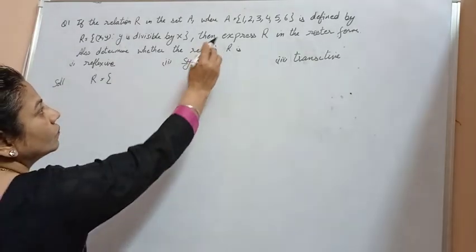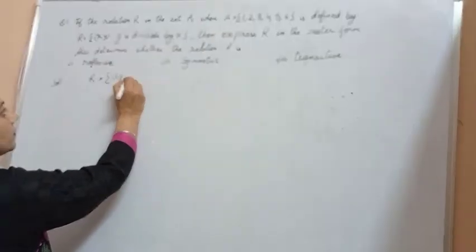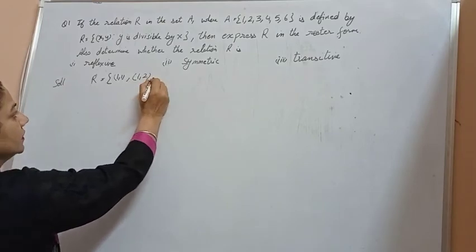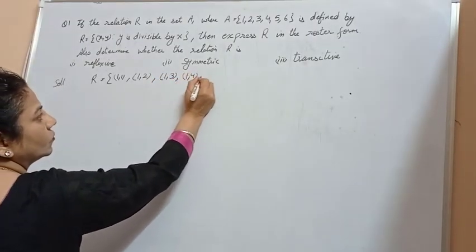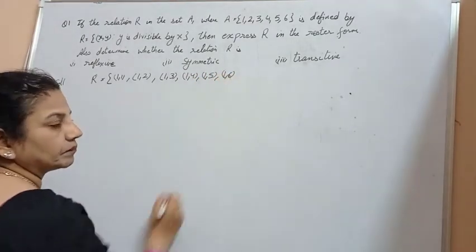So we have (1, 1) as 1 is divisible by 1, (1, 2) as 2 divided by 1 is divisible, (1, 3), (1, 4), (1, 5), (1, 6).